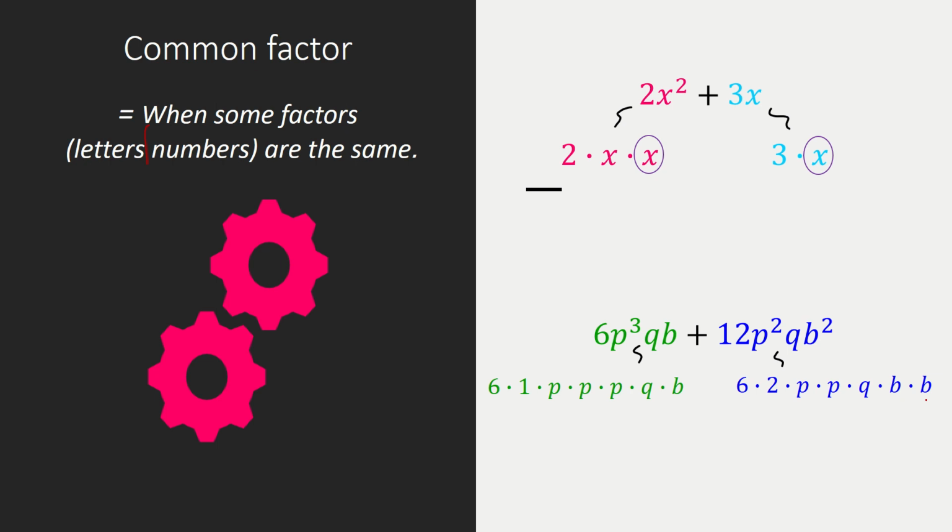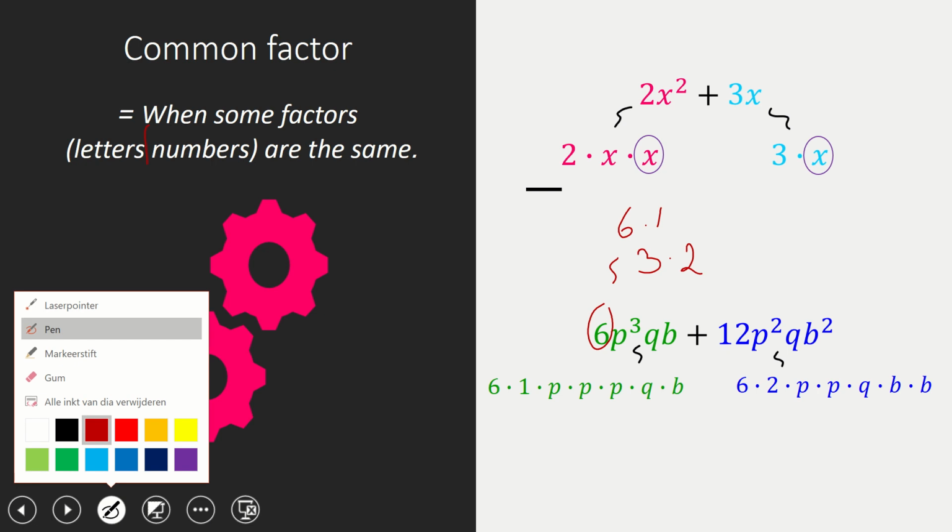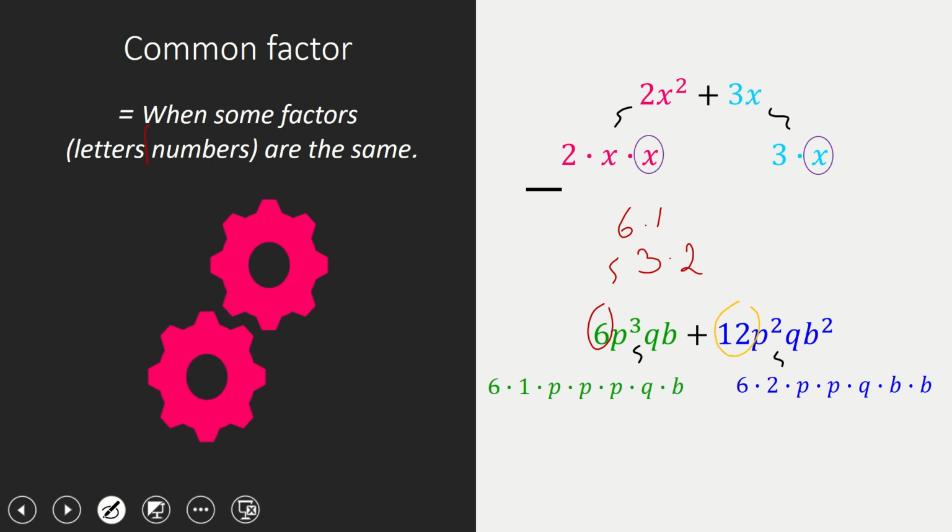Important over here is that I can write 6 in many different ways. I can write 6 as 6 times 1 and 3 times 2. I can write 12 in different ways as well. 12 could be 12 times 1, 6 times 2, 4 times 3.